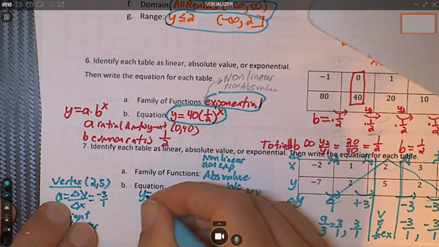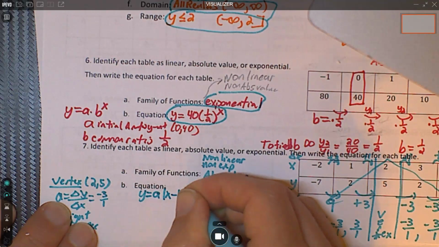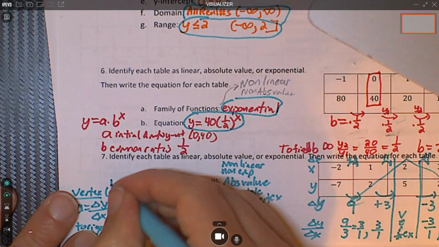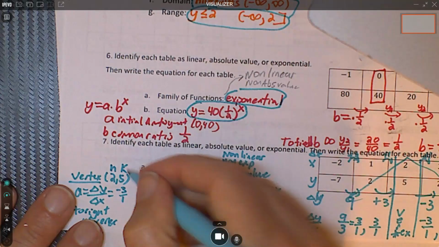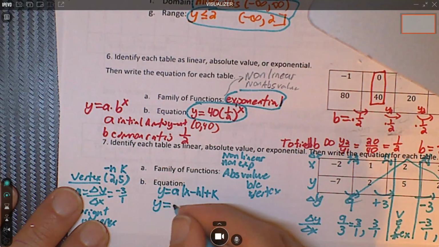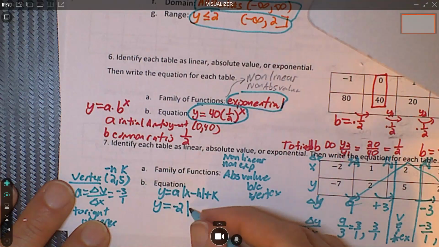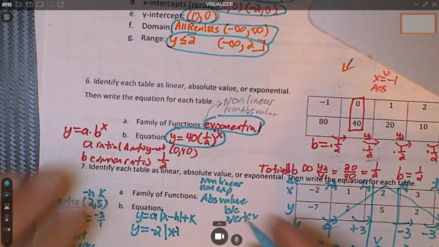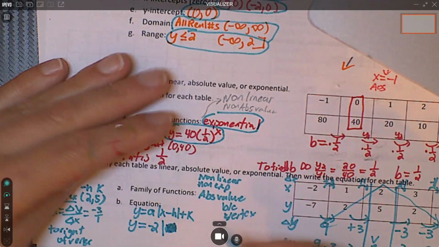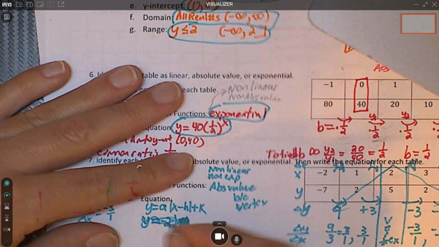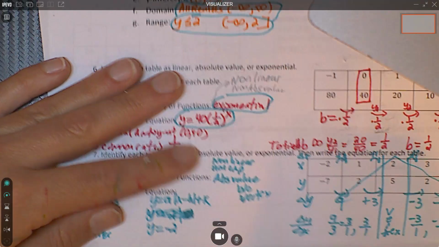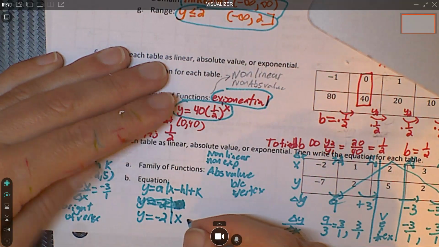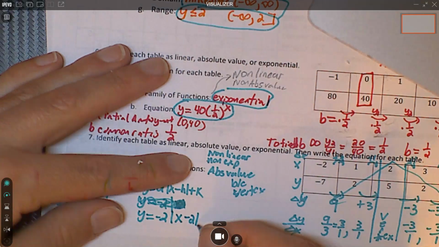And it goes y equals a, x minus h, plus k. And here's h, k. You do opposite h, k. So you go y equals -2, opposite h, minus 2. I'm out of whiteout. Negative 2 times opposite h. K stays the same.